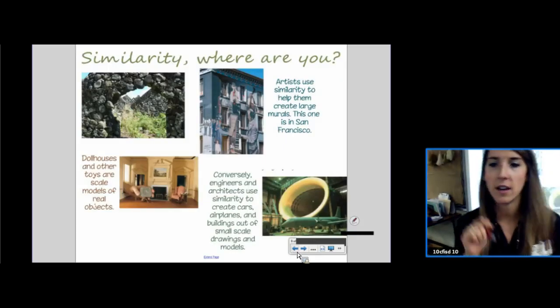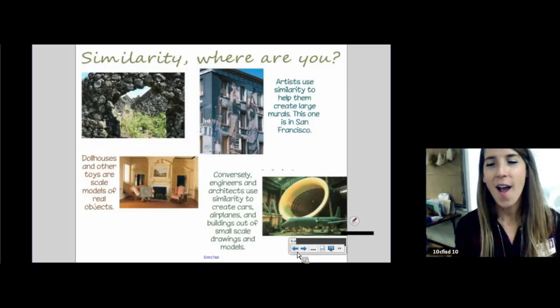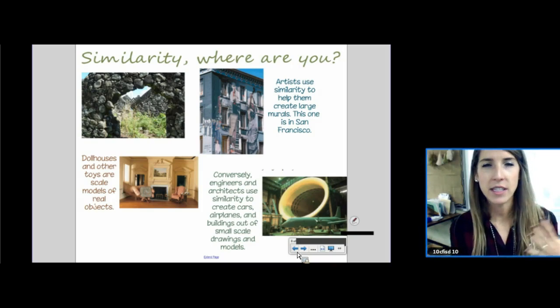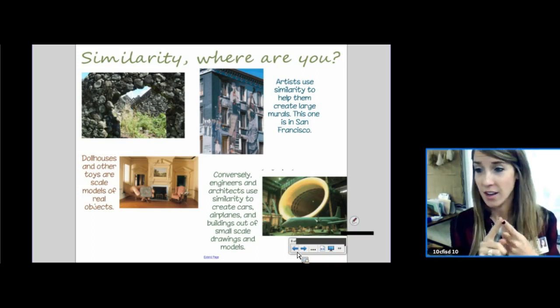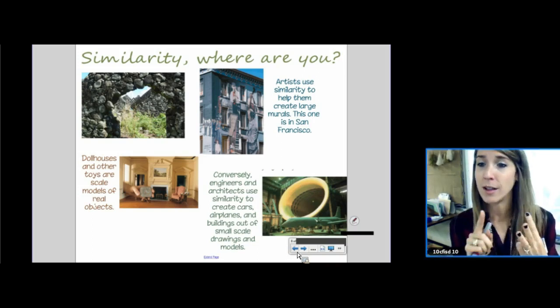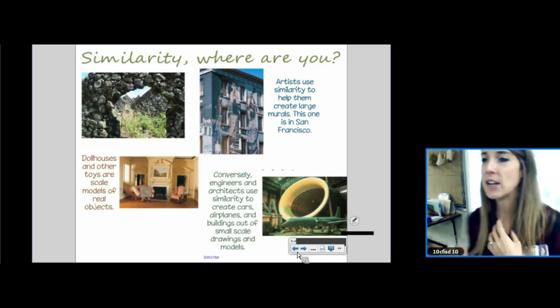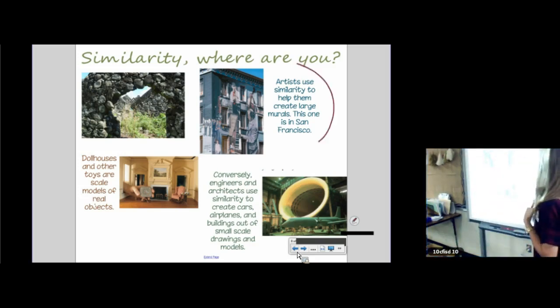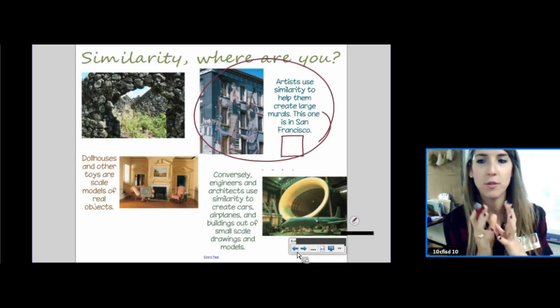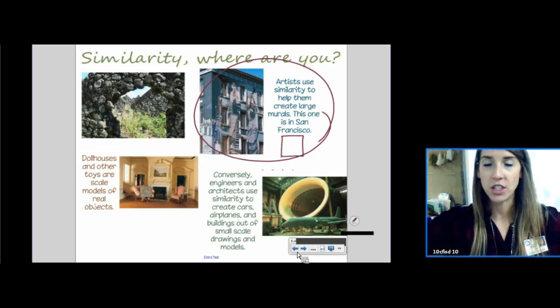Who uses similarity in the real world? Like we said earlier, similarity is derived from a dilation. And dilations are used a lot in art, architecture, and engineering. So here's an example of when someone took a small drawing and then enlarged it.